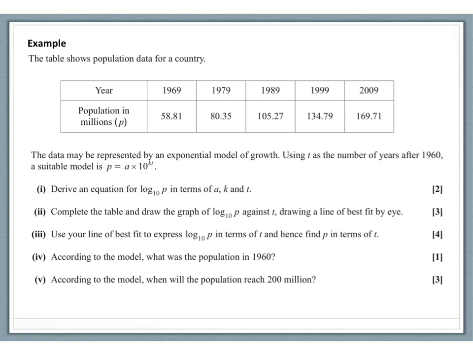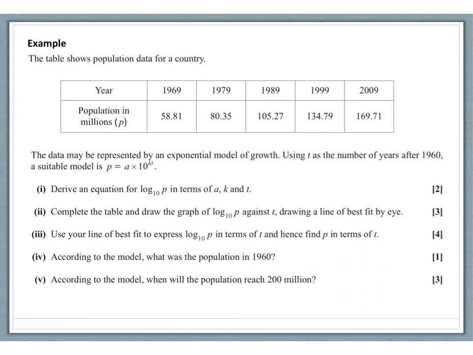We have a table of data which shows population data for a country. We have years from 1969 through to 2009, and we have the population in millions. Now, here's a nice example. We could plot a graph for this data, and we might want to then know what the relationship between the two variables, in this case t and p, is.